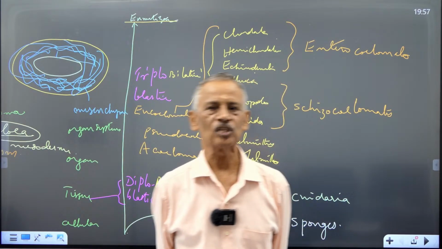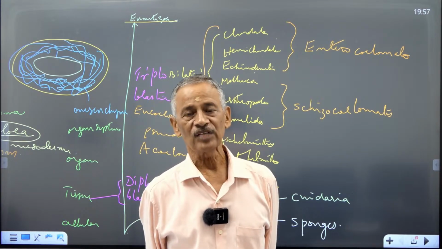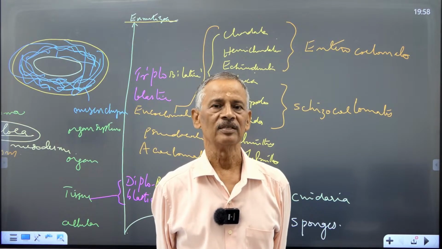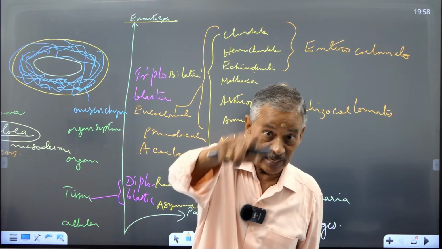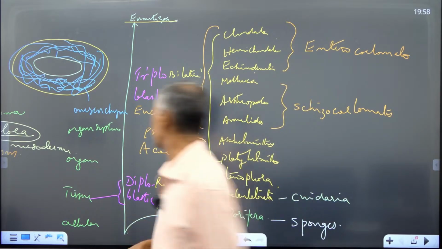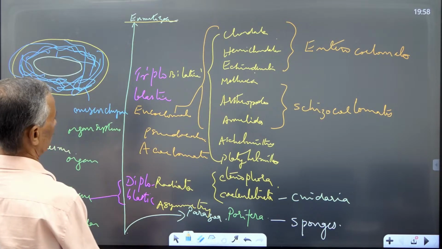That is the situation in tapeworm, which is a parasite. Whereas in liver fluke, another parasite, there is an alimentary canal. If an alimentary canal is present, it is incomplete.